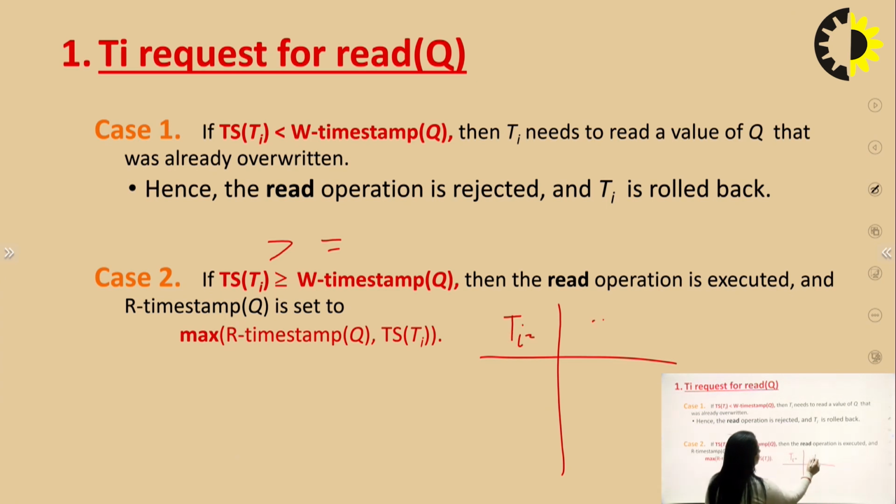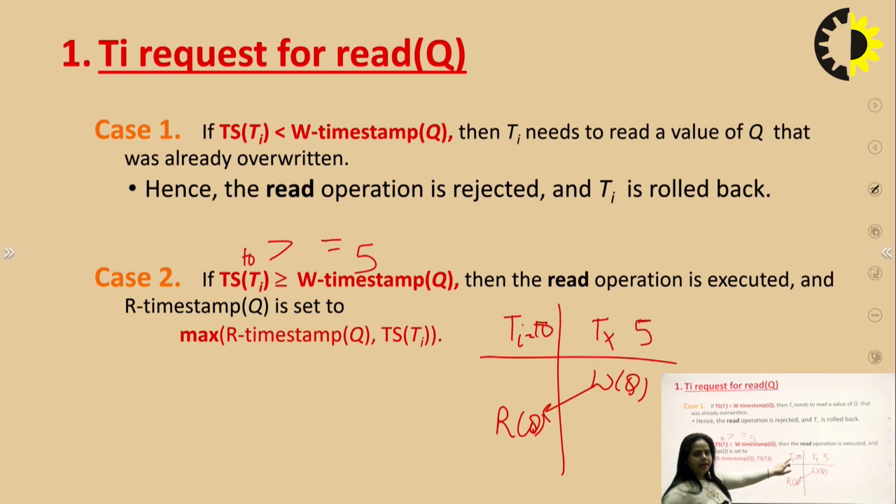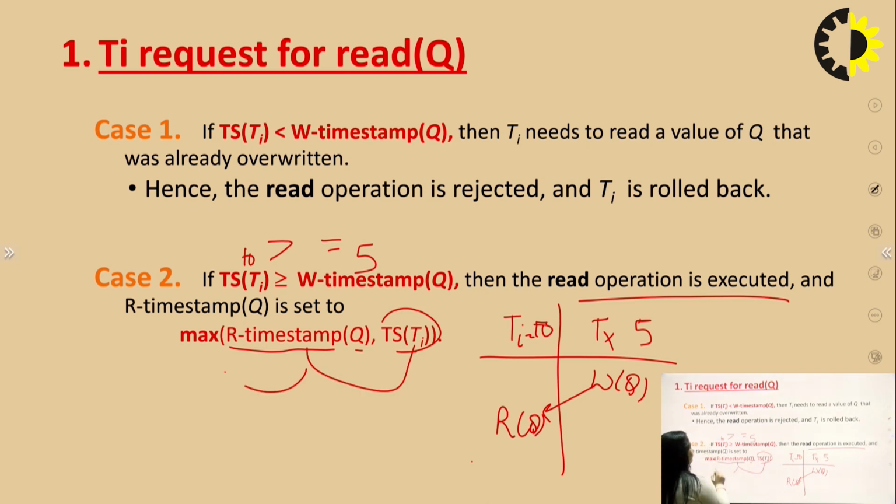Suppose the timestamp of TI is 10 and the transaction that recently updated data item Q has timestamp 5. Now a read Q operation is coming. TI has the greater timestamp, so we can clearly perform this operation. This read operation is executed and the read timestamp of Q is set to the maximum of the read timestamp of Q and the timestamp of TI.